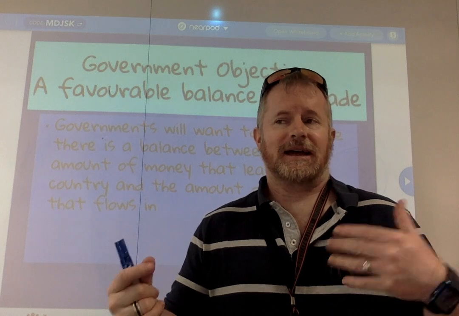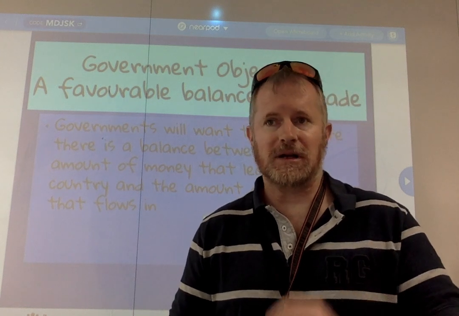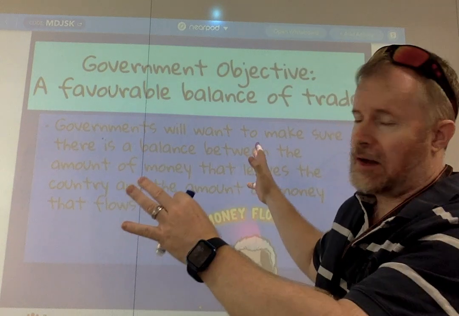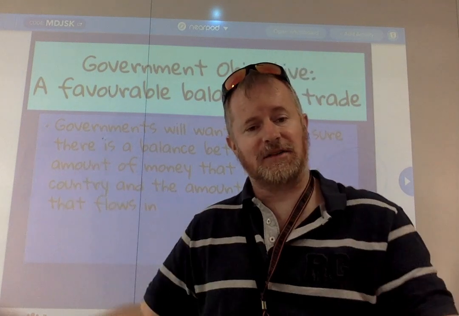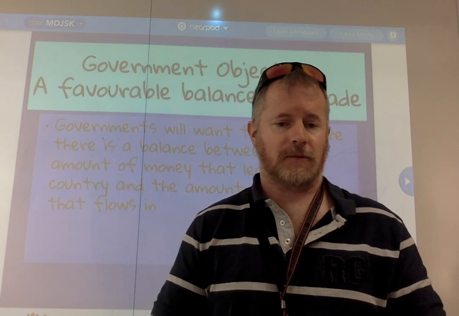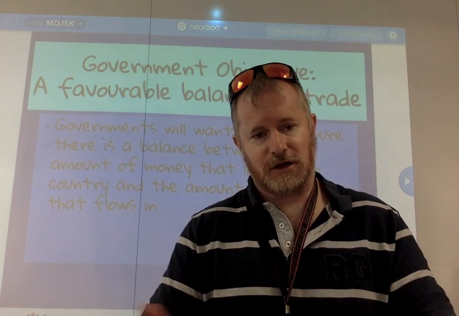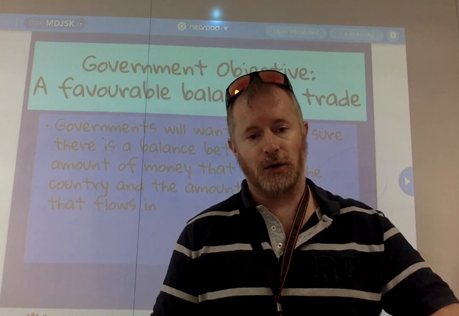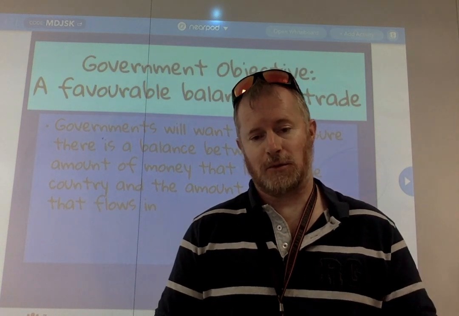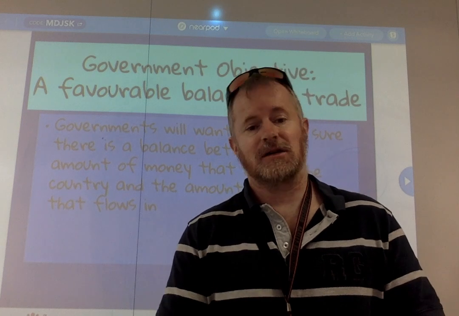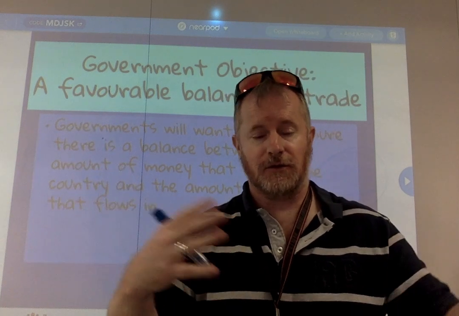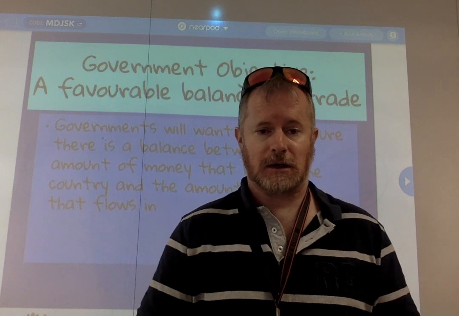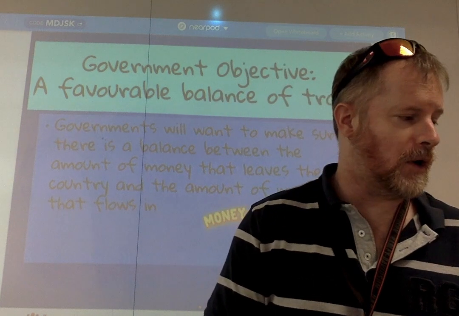Okay, so it will depend very much on your argument as to whether you feel that the balance of payments is actually favourable, right? Because they have deliberately not put a definition for what favourable means. Each government is going to come up with its own interpretation of what favourable means, which is why you can see some governments will have a different view on trade to others, because they will want more trade or less trade, okay, depending on who the people are.